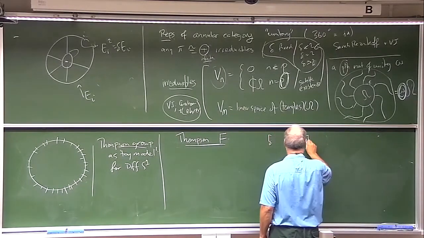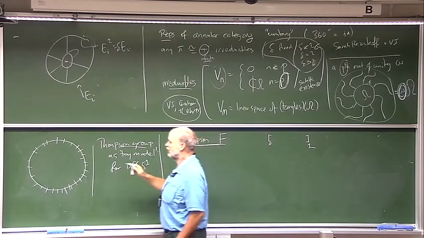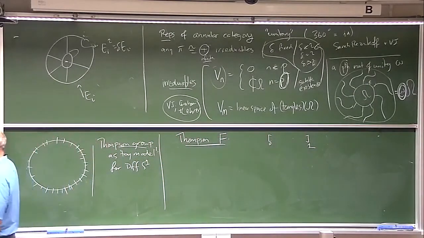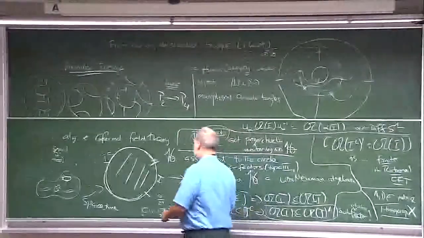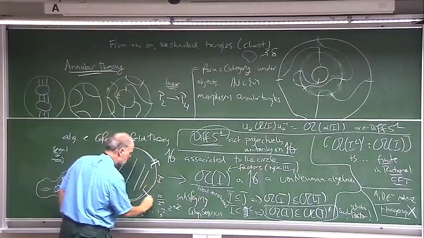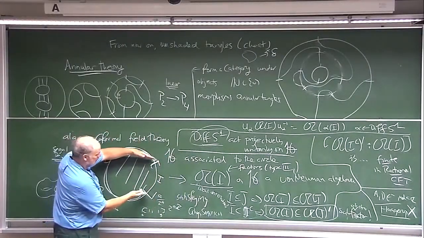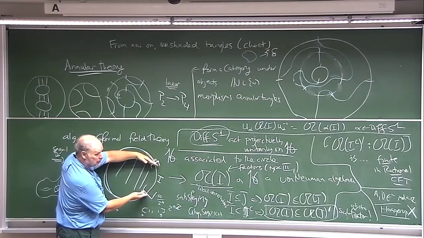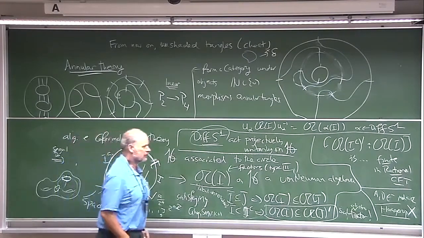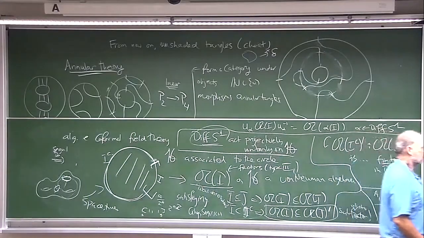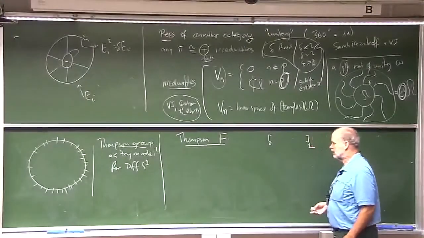The group that I'm really after, of course, is the version of the Thompson group on the circle. But the Thompson group on the interval will crop up as locally supported diffeomorphisms. So in any case, we're going to have to study this group if we want this program to work, and it's the easiest, most accessible thing.